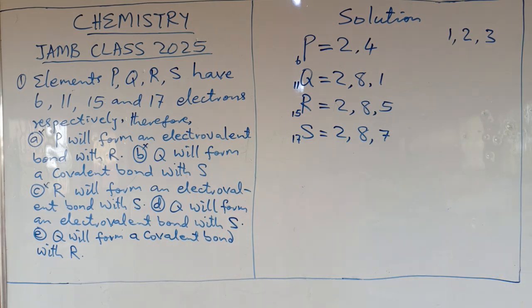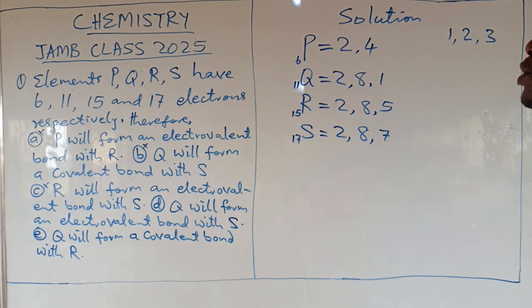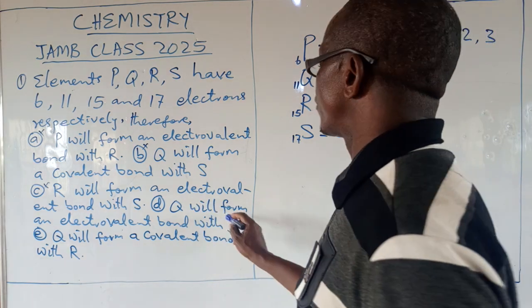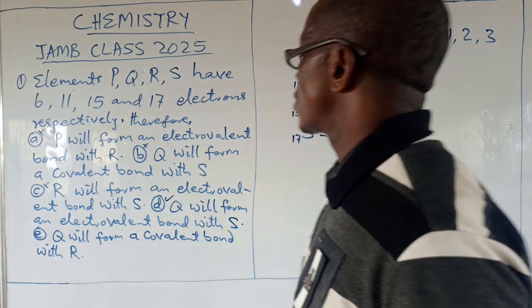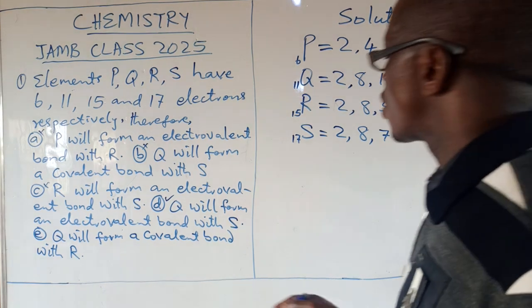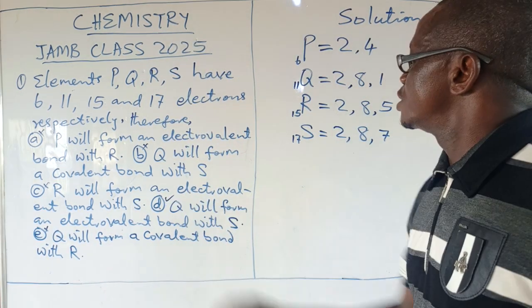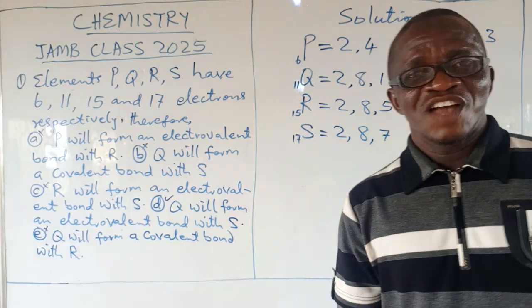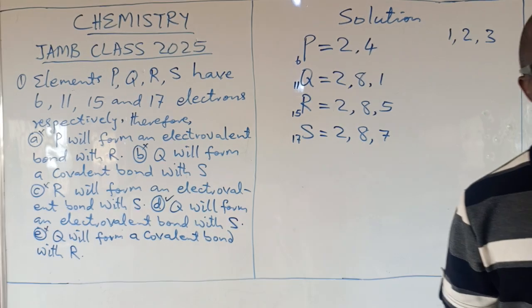That is option D. Now the last one, Q will form a covalent bond with R. It's not true. So the correct option is option D. I believe you are enjoying the lesson. Keep following the channel.